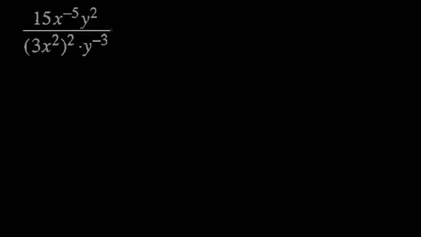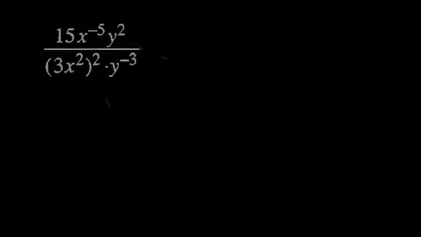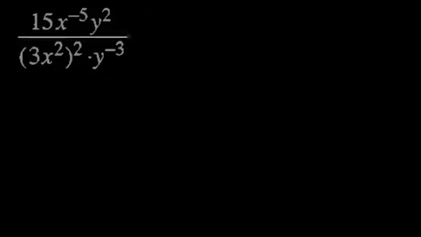So let's turn our attention to the second part. I think one of the things we could do first, if we wanted to, is get rid of the negative exponents at the beginning. If you wanted to save that to the end, that's okay. But if I wanted to get rid of this x to the negative 5th, I could multiply the numerator and the denominator by x to the 5th.